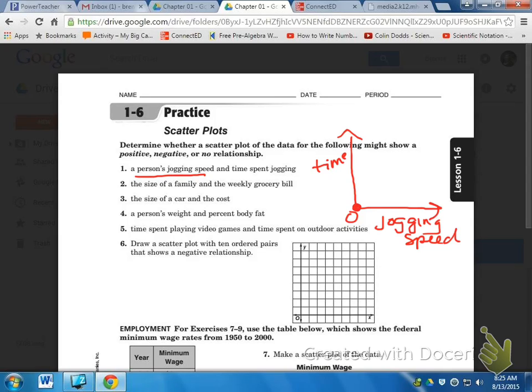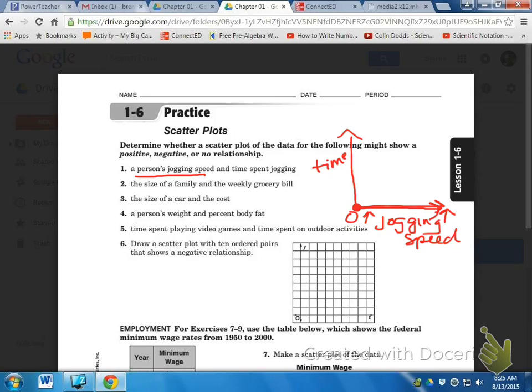And as you go across this, their speed is going faster. So over here, they're going pretty slow, right? And if you look over here on the right, they're going pretty fast. Now let's say they're jogging the same distance every day.